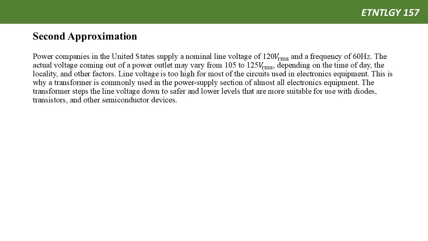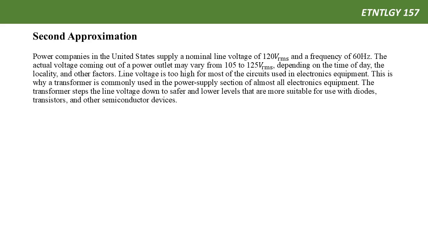Power companies in the United States supply a nominal line voltage of 120 volts. This is not the peak voltage. It is the root mean square voltage, with a frequency of 60 Hz. The actual voltage coming out of a power outlet may vary from 105 to 125 volts, depending on the time of day, the locality, and other factors.